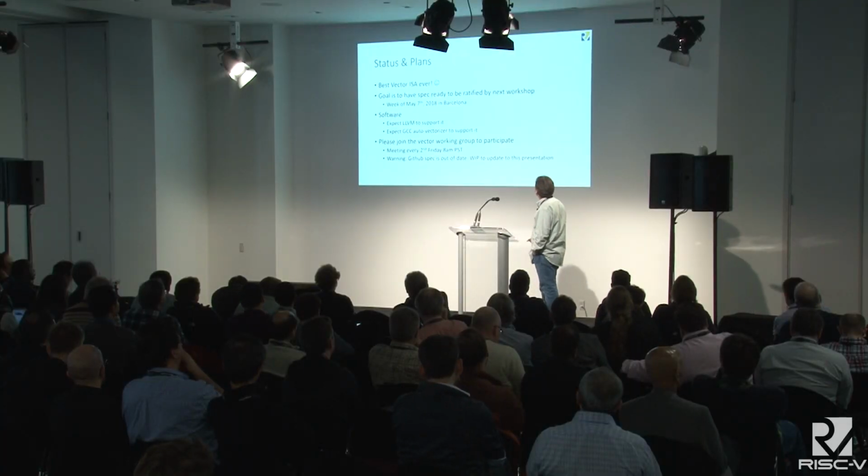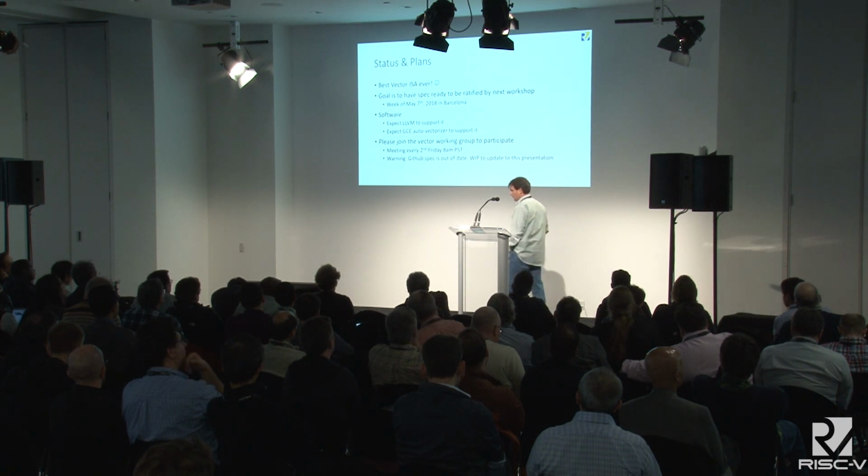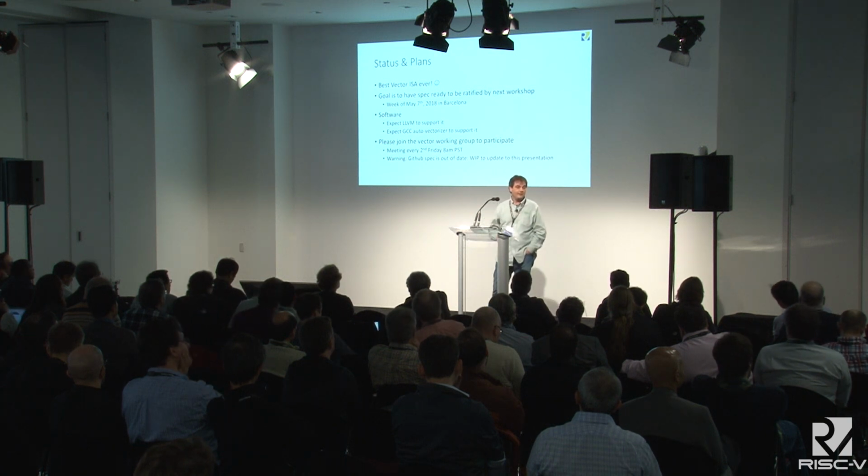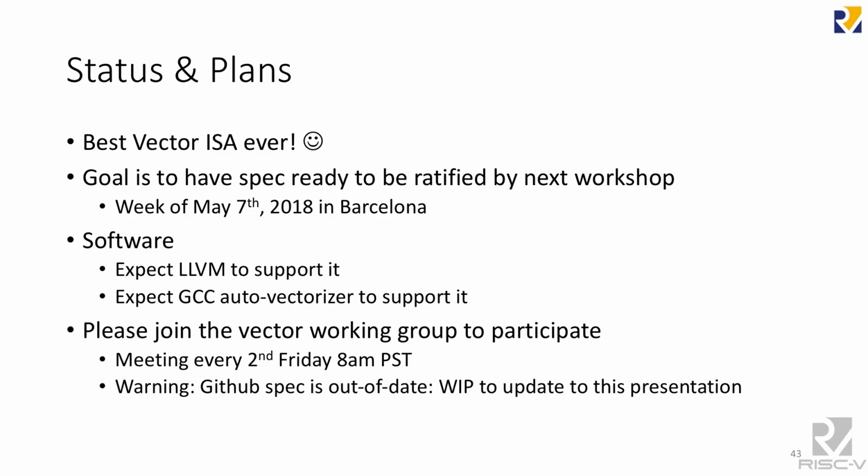OK, what else? Status and plans. I'm lucky. So I will defend it's the best vector ISA ever. A little bit of boring personal history. My first vector ISA was for the Alpha guys, showing my age here. That was a very nice one, very clean, similar to this one in some aspects. Then that ISA ended up at Intel when Alpha was acquired by Intel.